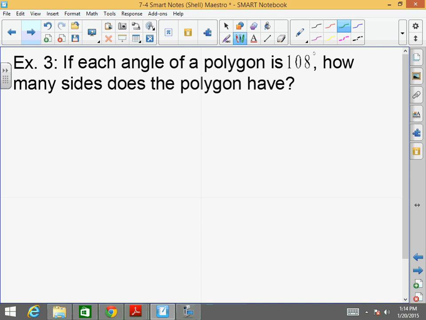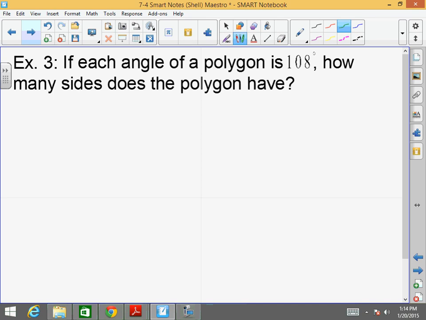Okay, number 3. If each angle of a polygon is 108 degrees, how many sides does that polygon have? Now, I want you to understand something here. If they do not specify that it's an exterior angle, they're talking about interior angles here.